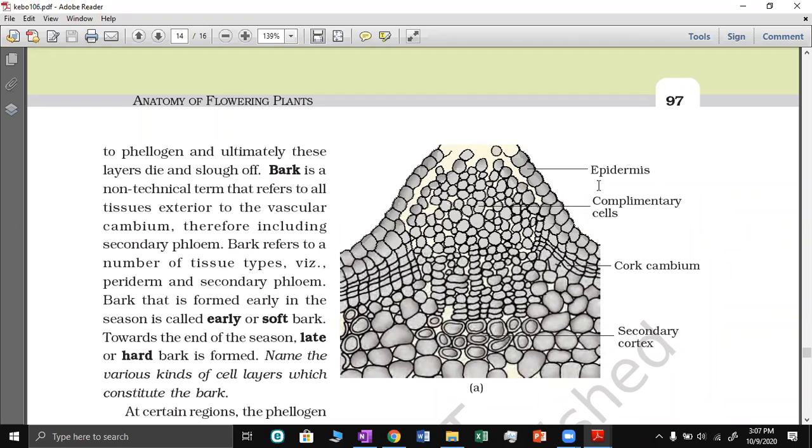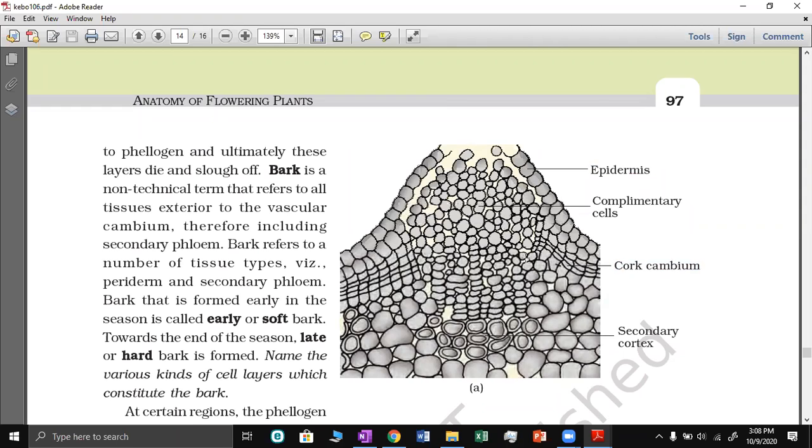Here you can see that the epidermis portion has been broken. And there are complementary cells. These are loosely arranged cells which are produced by the cork cambium.